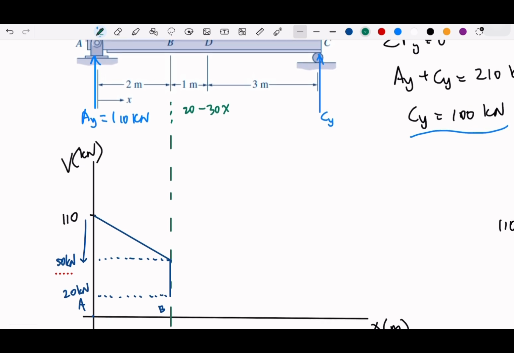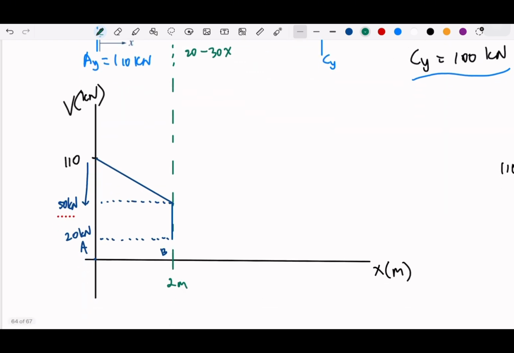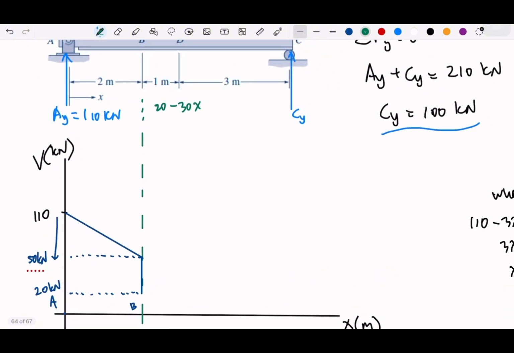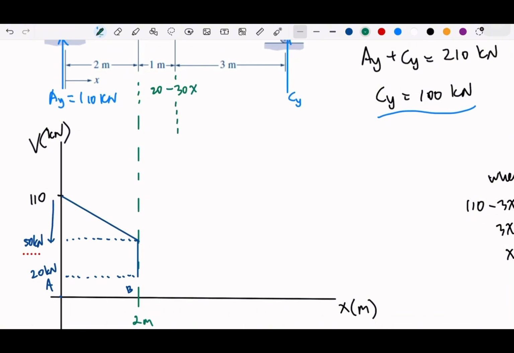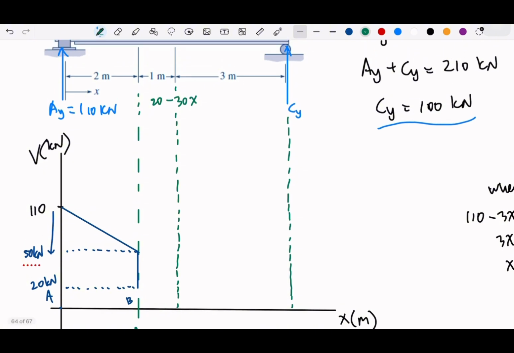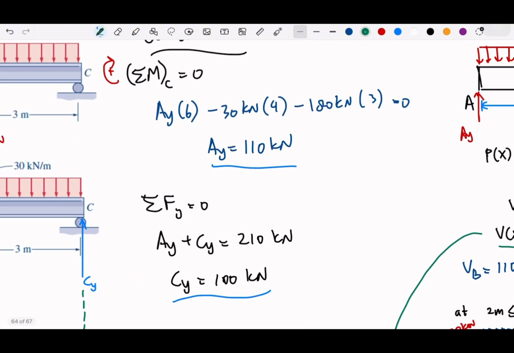Supposed to be this, right? 20 minus 30x. So suppose that this part, let's say this is D, and this is C. Okay, let me check if I have.